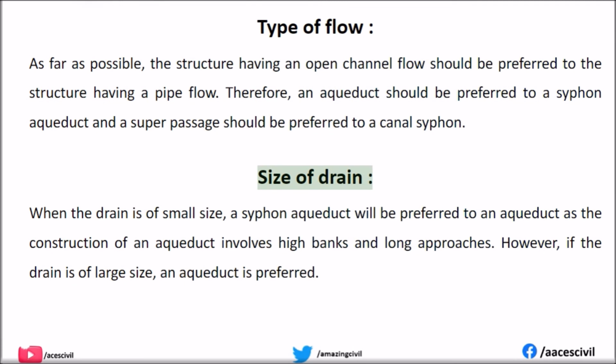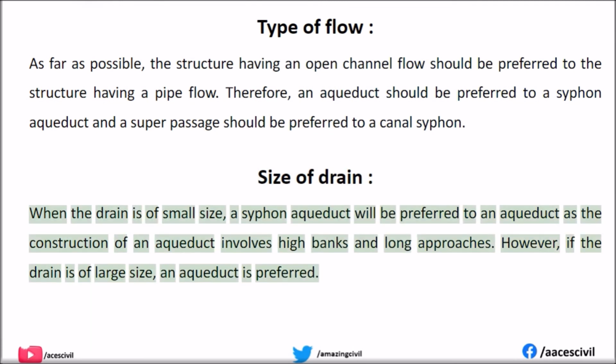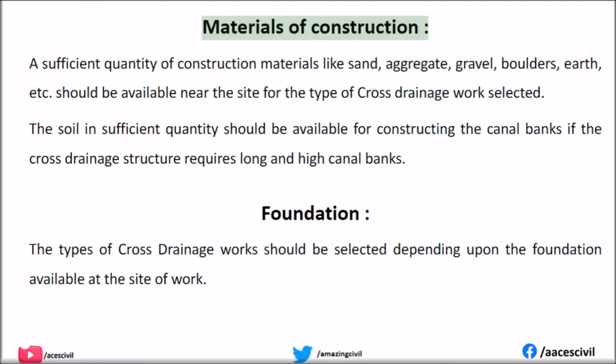Size of drain. When the drain is of small size, a siphon aqueduct will be preferred to an aqueduct as the construction of an aqueduct involves high banks and long approaches. However, if the drain is of large size, an aqueduct is preferred. Materials of construction.